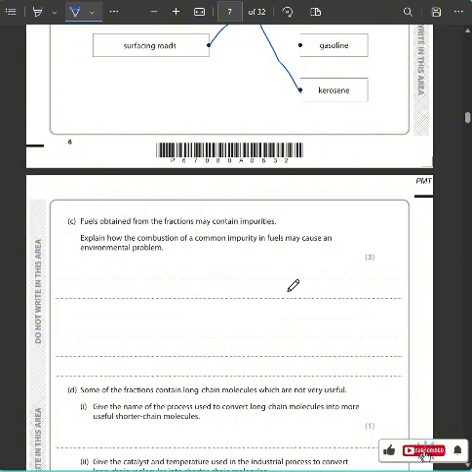Fuels obtained from the fractions may contain impurities. Explain how the combustion of a common impurity in fuels may cause an environmental problem.